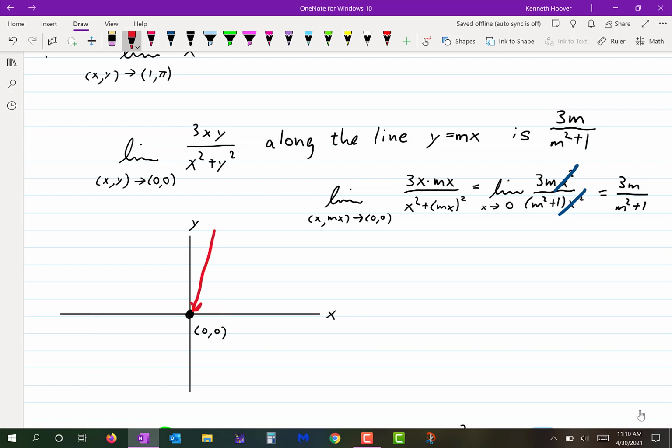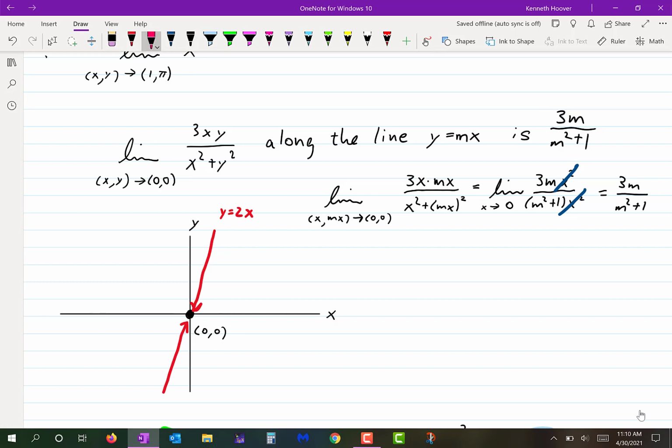Approaching the origin along the line y equals 2x, what value would you get up here? You would get 3 times 2 over 2 squared plus 1, and you get 6/5. The limit would be 6/5 if you approach along the line y equals 2x.